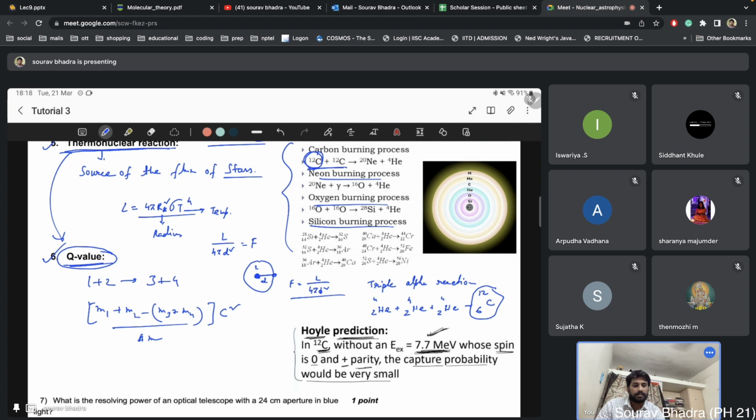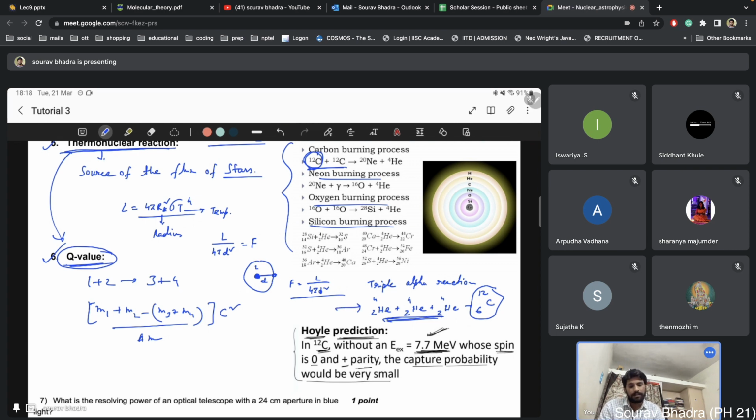So the question is, where does that C12 come from if this reaction probability is very low?